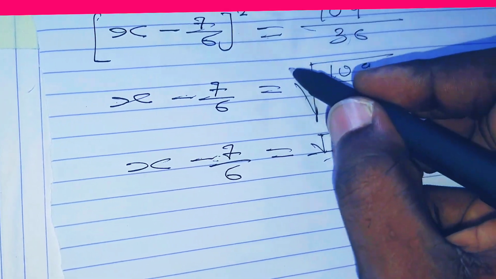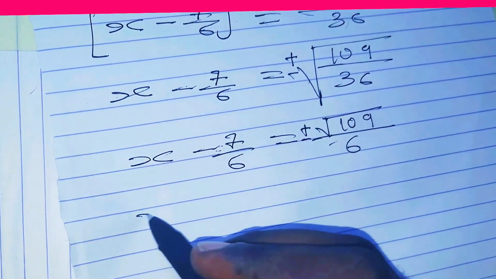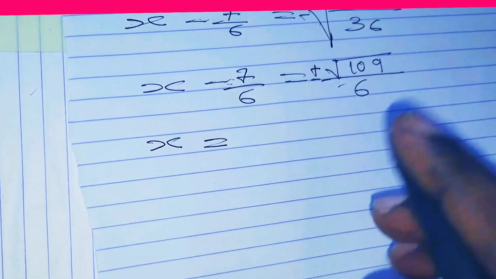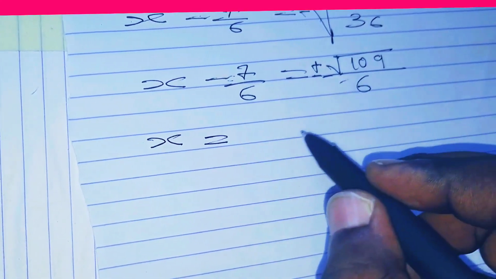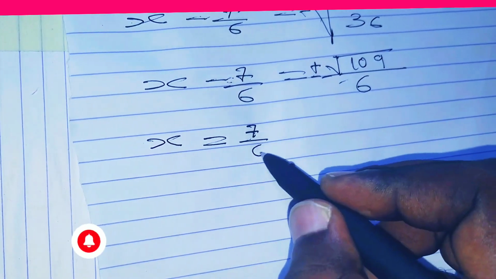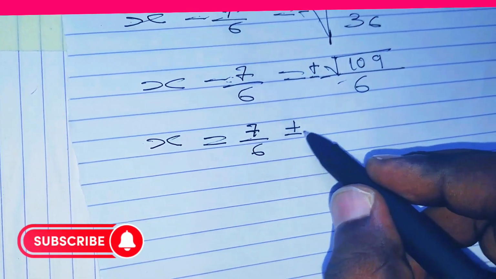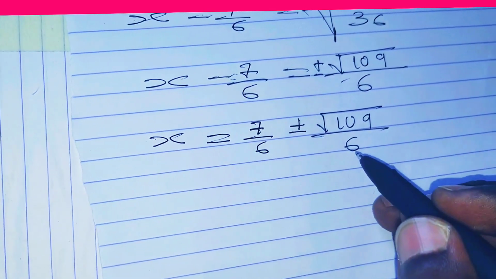So don't forget our plus or minus there. So our x will actually become, this one is becoming positive if it's moved to the other side of the equality sign. So we have 7 over 6 plus or minus square root of 109 over 6.